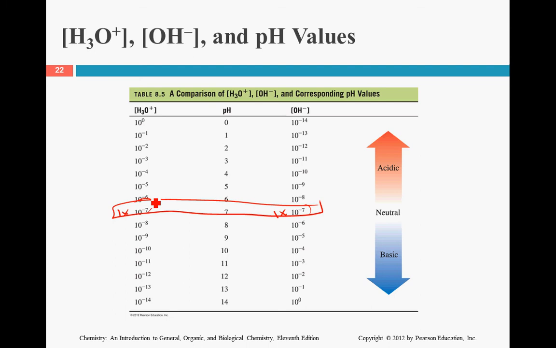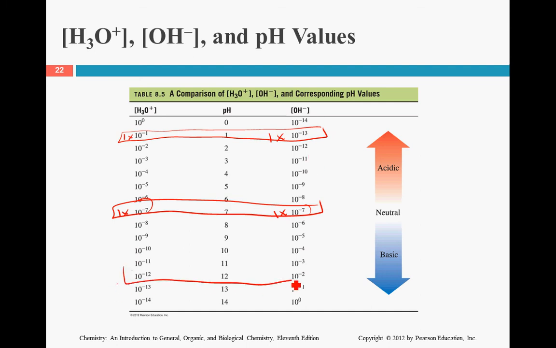They're both the same. However, when you get to a more acidic solution, for instance, pH of 1, it's 1 times 10 to the negative 1, 1 times 10 to the negative 13. Notice as the H3O plus went up, the OH minus went down.